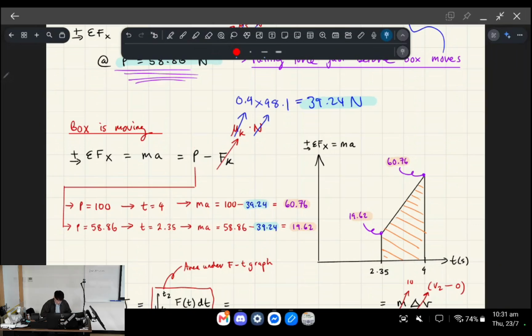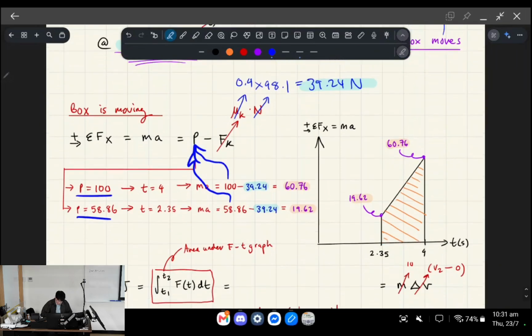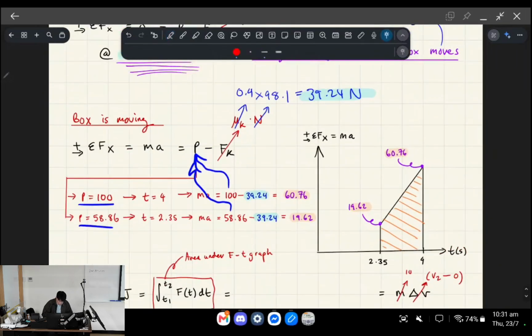We know what P is, so we can plug P as 100 into this expression, and P equal to 58.86 into this expression. In both cases, we subtract off the rolling friction of 39.24, and we're left with these two values.